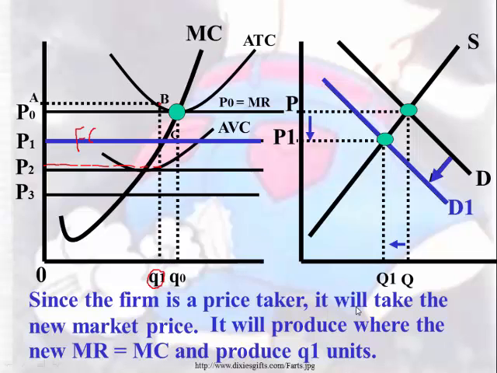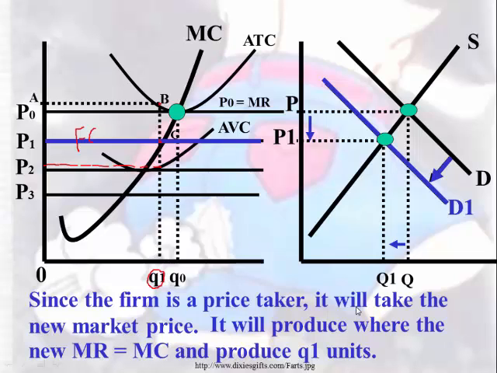Is the farmer now at this price able to cover some of these fixed costs? The answer is yes. This is why the farmer should stay in business, because it's covering some of its fixed costs. It's able to cover all of its variable costs and have some money left over to cover some of its fixed costs. It should stay in business.